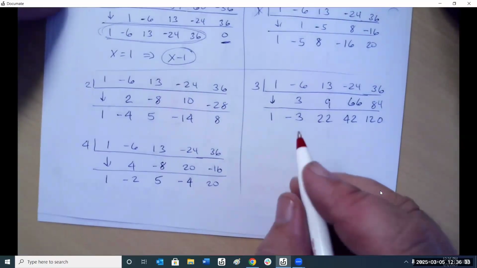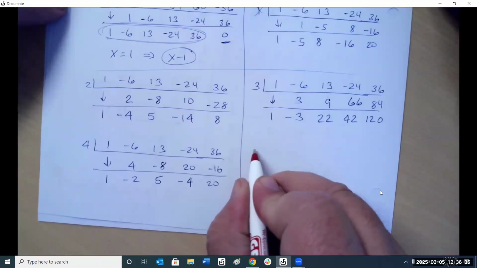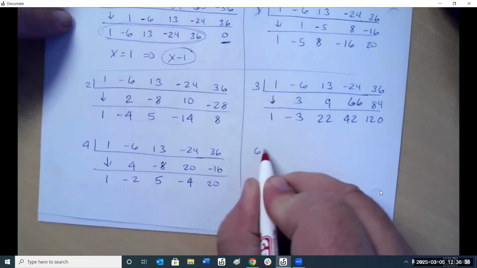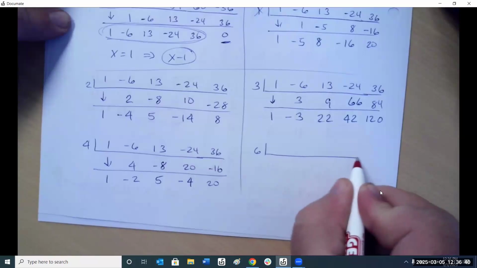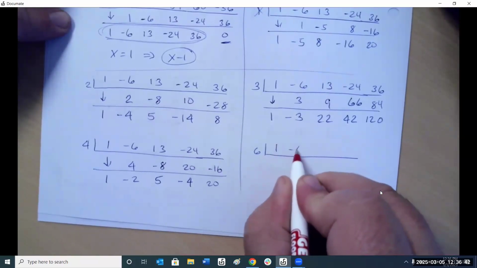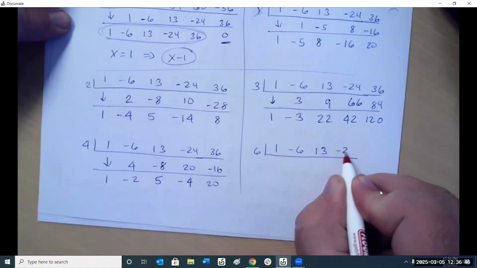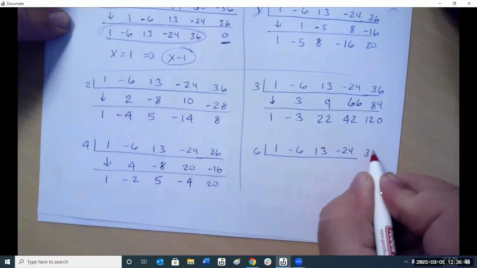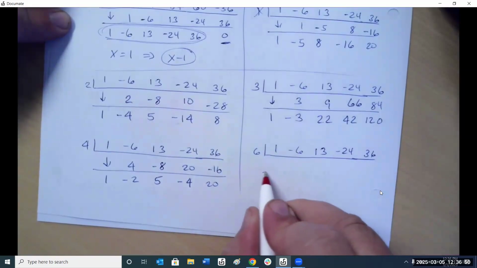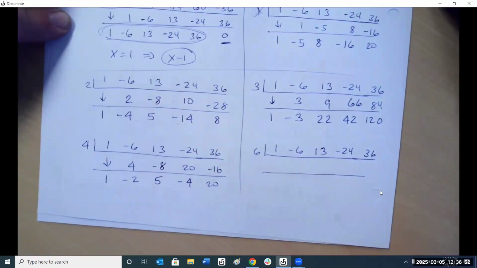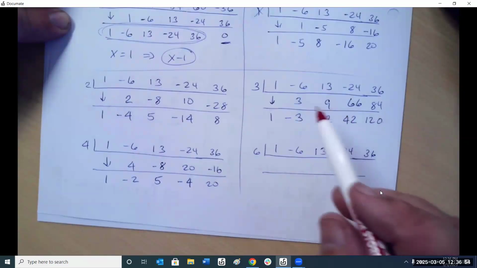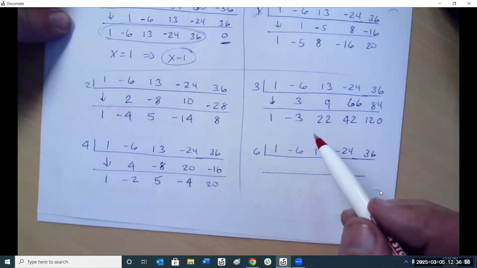We're running out of space here, and we're running out of numbers. Three, you said 3 times -3 is bottom one.